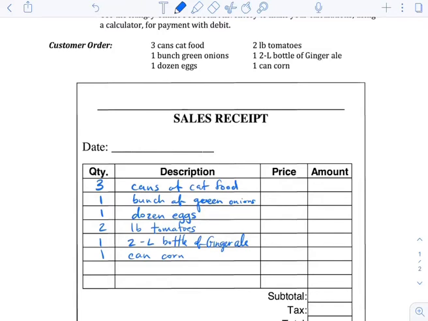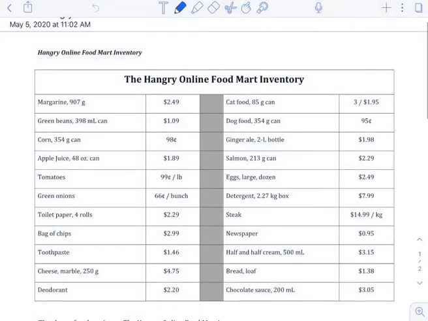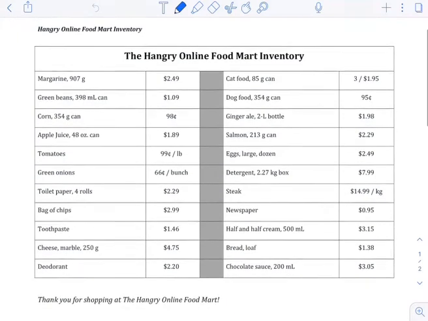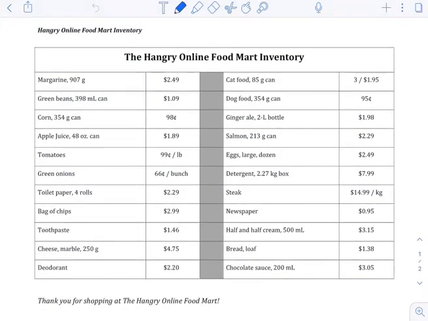So we go to the menu. I'm looking for cans of cat food, and we want 3. I want to know the unit price for them. So I'm going to go over to this online Food Mart inventory that I've included for you, and we're going to look for cat food. I see cat food is right here, and it says 3 cans cost $1.95. 3 cans come together as $1.95.